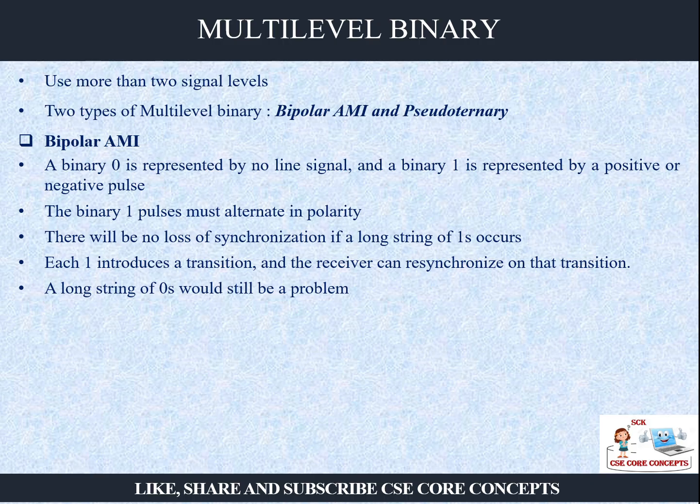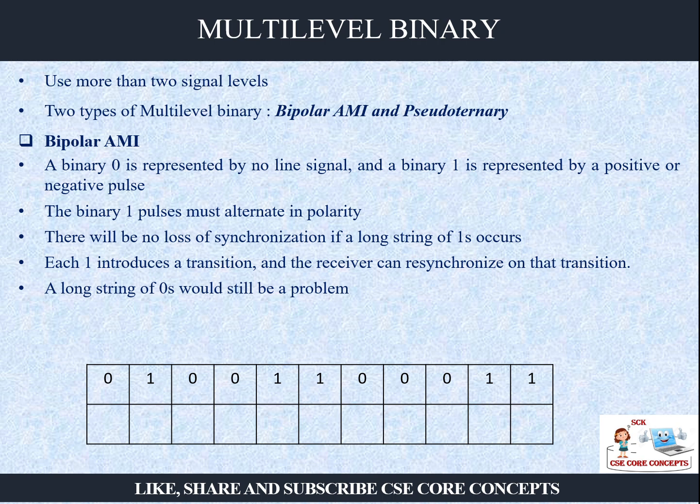And here the advantage is that there will be no loss of synchronization. Suppose if somewhere you lost the synchronization midway, you can start synchronizing from a no line signal, as a no line signal indicates a 0.